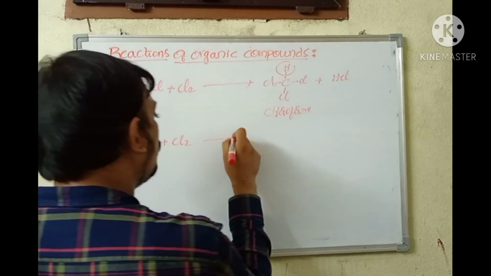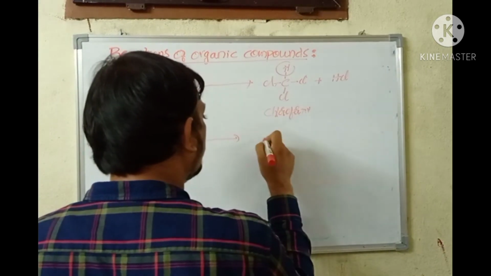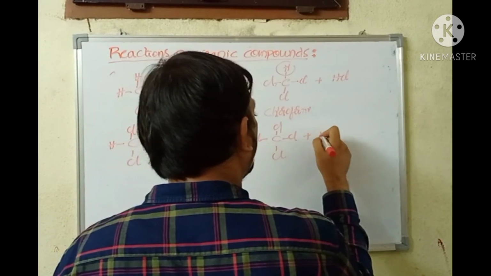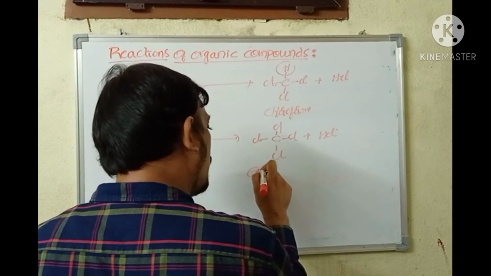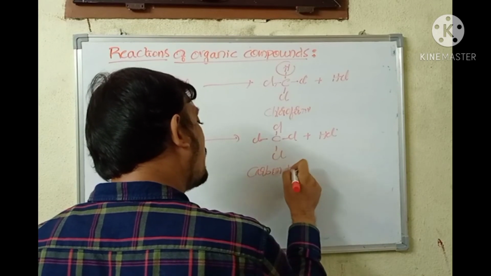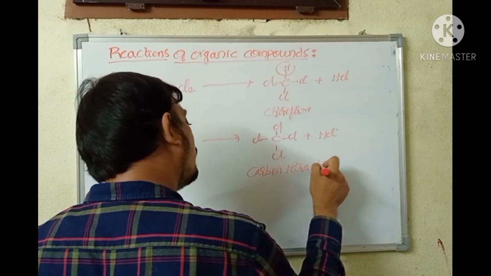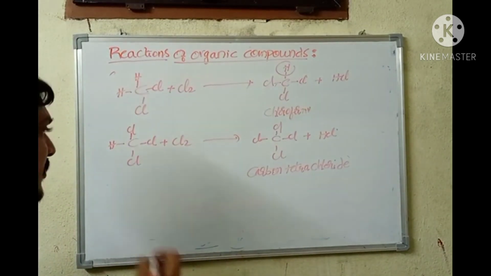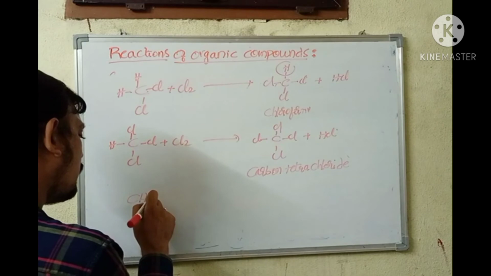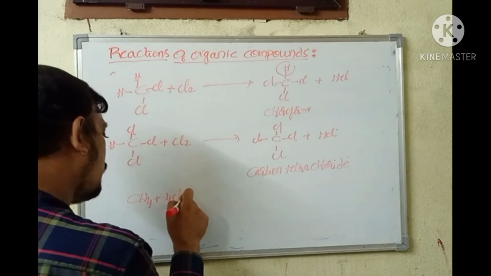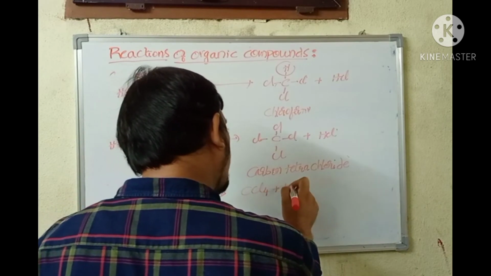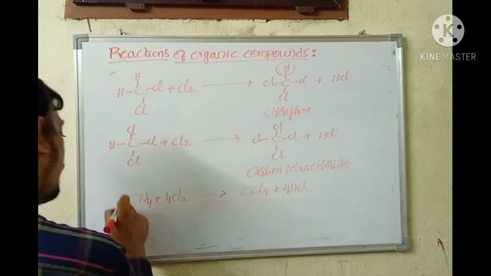Next, it still has one hydrogen atom to be replaced. CHCl3 plus Cl2 under the same conditions produces CCl4, which is carbon tetrachloride. It can be referred to as tetrachloromethane and carbon tetrachloride. So the net reaction can be written as CH4 plus 4Cl2 gives rise to CCl4 plus 4HCl.